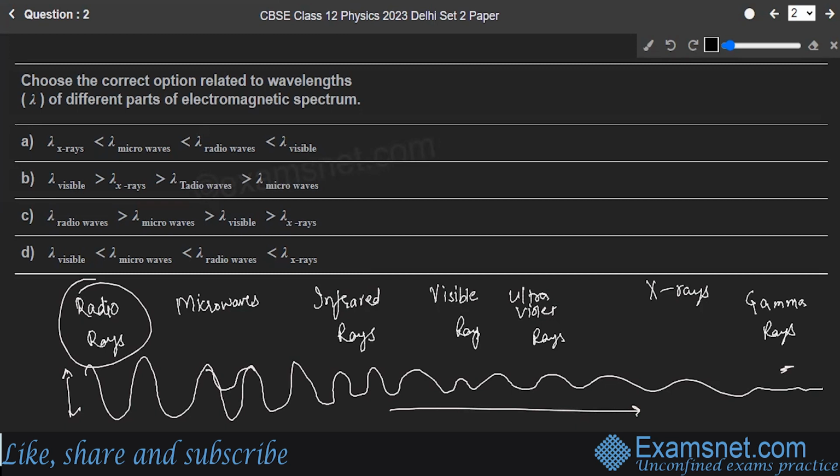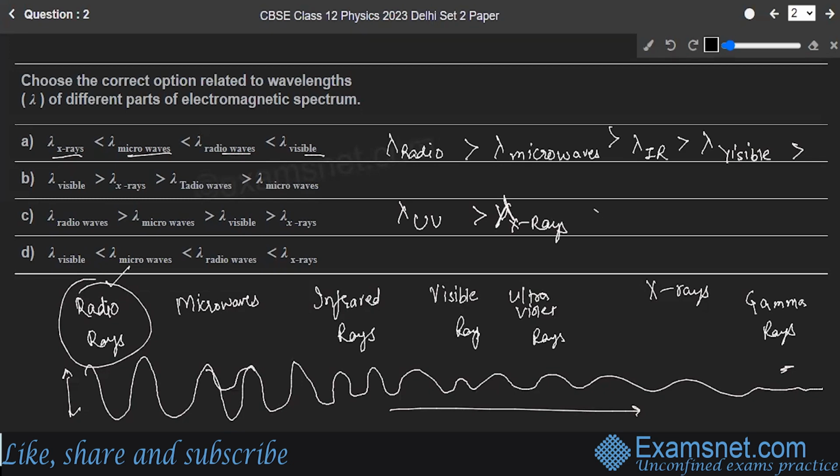So radio waves have the maximum wavelength, followed by the microwaves, then infrared rays, then visible rays, then UV rays, then X-rays, and the least one is for the gamma rays.